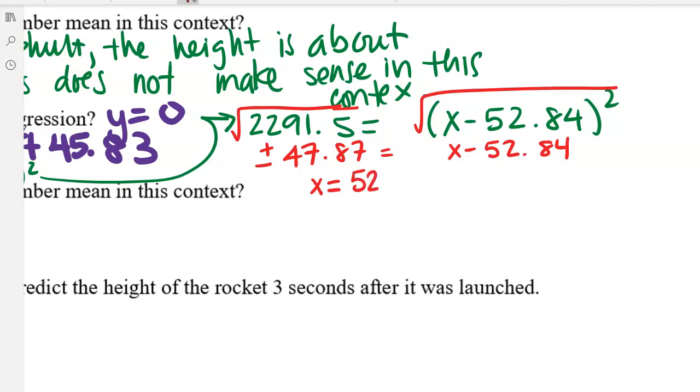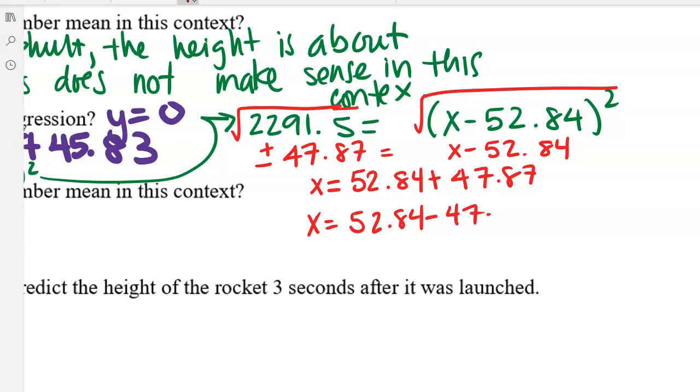So add 52.84. That will give us the first equation here. And the other one will be the minus part, because it's a minus 47.87. So you guys compute both of these. Use your calculator, punch it in. Compare your answers first before we write it in our notes.